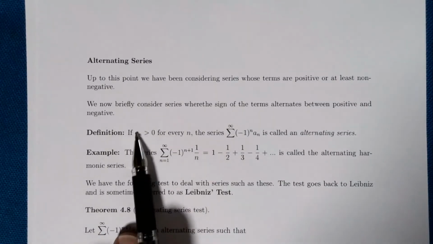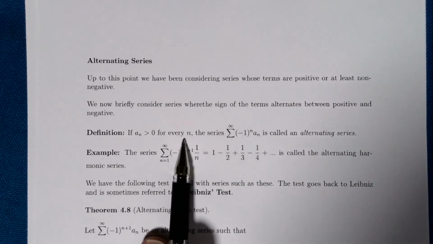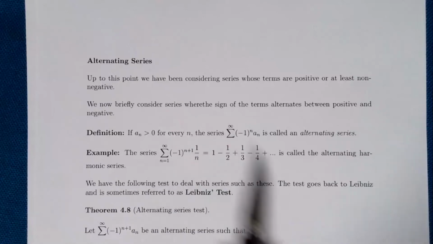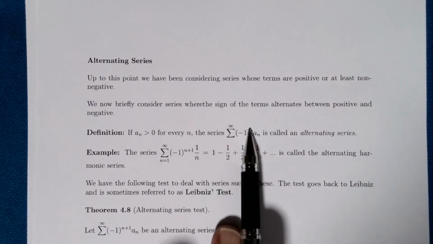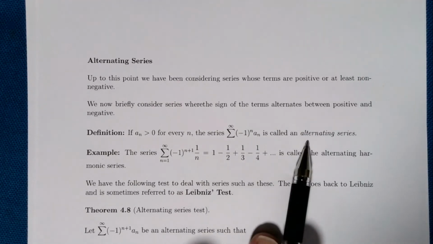So if we take a sequence of terms that are all positive for every n, and I change every second sign, the way we do that is we put a (-1) to the n or a (-1) to the n+1 there. And this is called an alternating series.